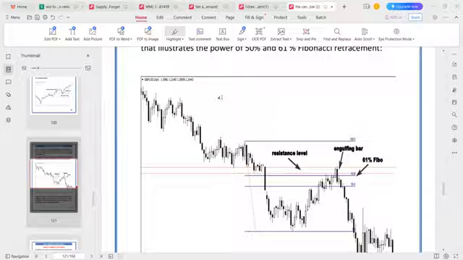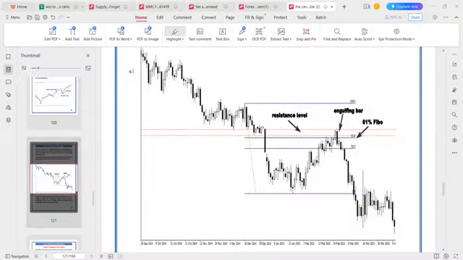So on the example below, this is an example of a downtrend. So price is pushing down, resistance. The FIB is drawn from this lower high here to this lower low here. So we could have used this one, but again, you can see the follow through wasn't much here.